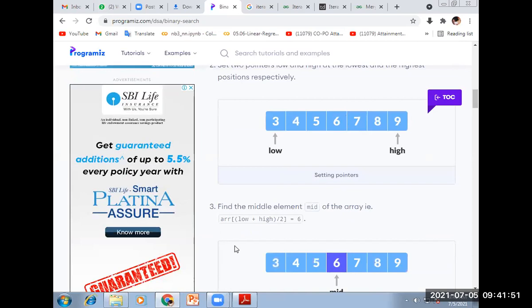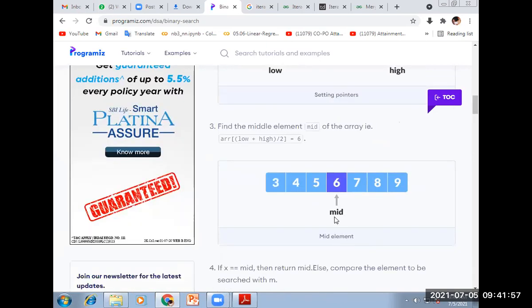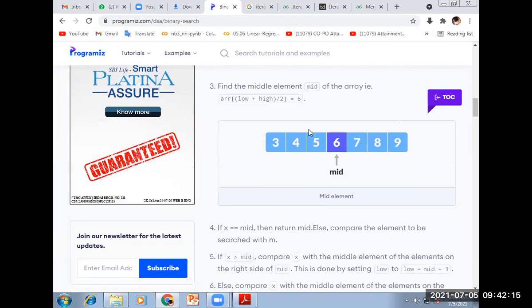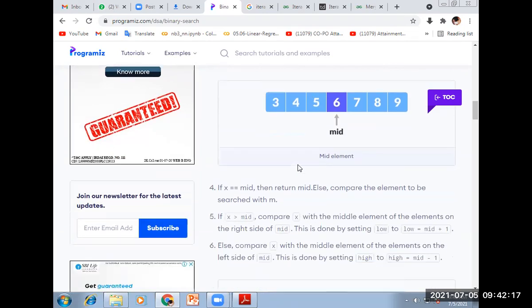So 6 is compared with 4. 4 is not there. Then you check whether the element is greater than or less than the middle element. Less than means you search on the left side; greater than means you search on the right side. Now 4 is less than 6, so again you divide this part by 2. That is 4.